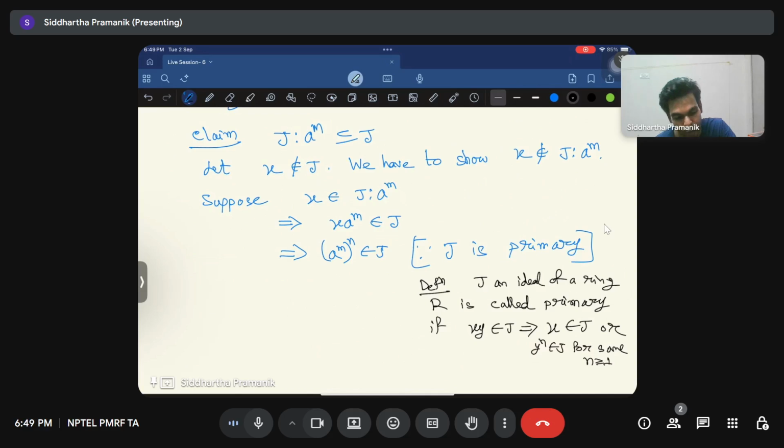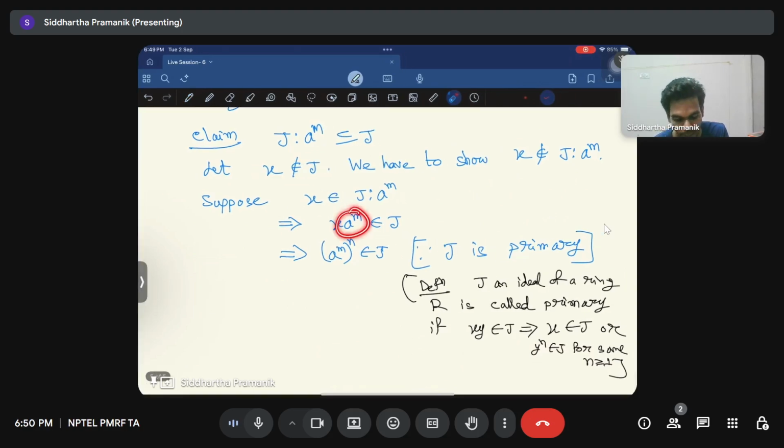This is an equivalent definition of primary ideal. You may try to prove it or see it in standard textbooks. So we will use this definition. Here x is not in J, so that will imply some power of the other element has to be in J.